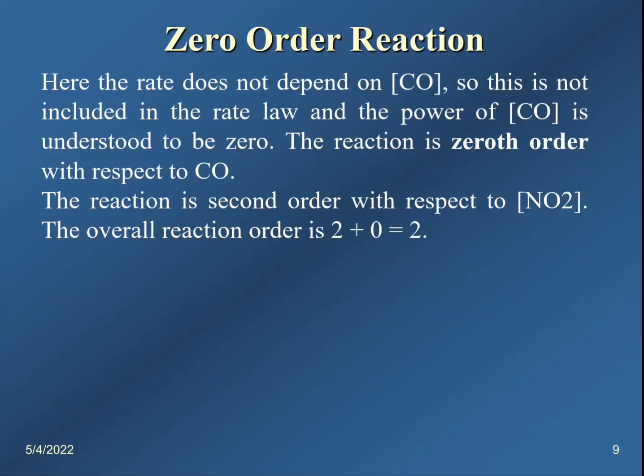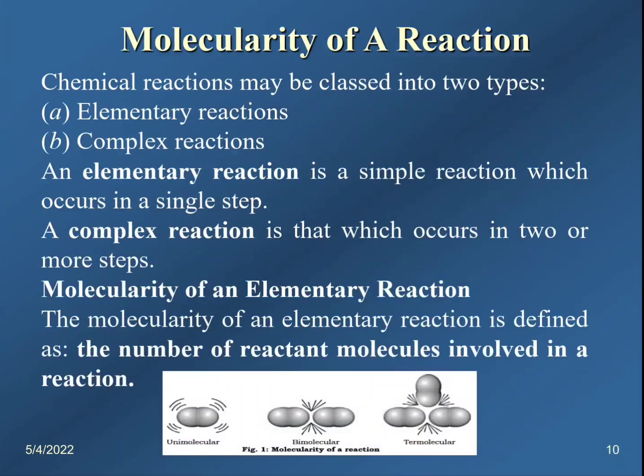So the rate does not depend on the concentration of CO, and the power of CO is understood to be 0. The reaction is zeroth order with respect to CO, and second order with respect to NO2. So the overall order of the reaction is 2 plus 0 equals 2, but it is zero order with respect to CO because it is independent of the concentration of CO.